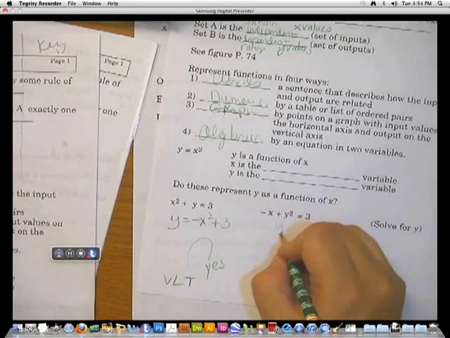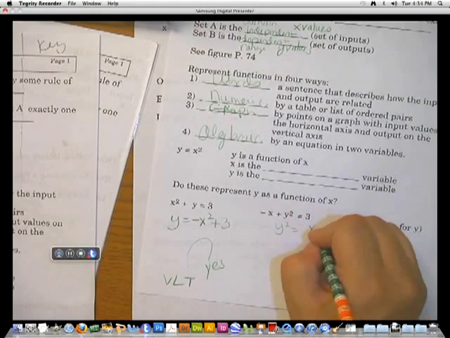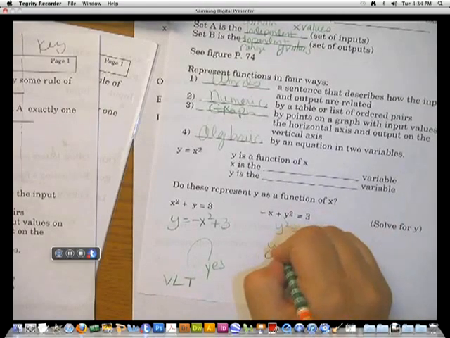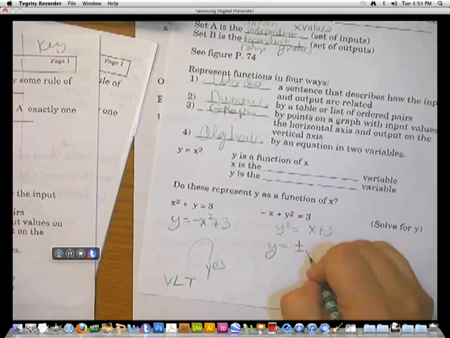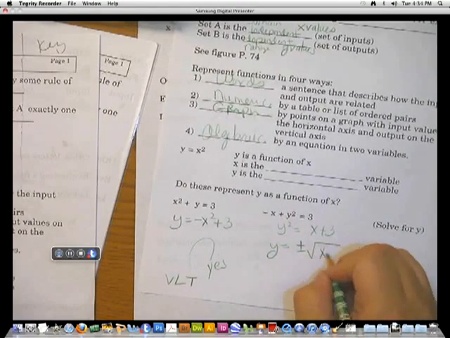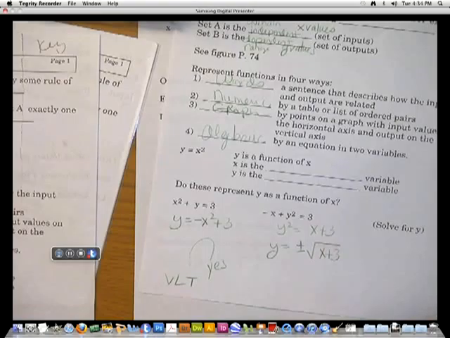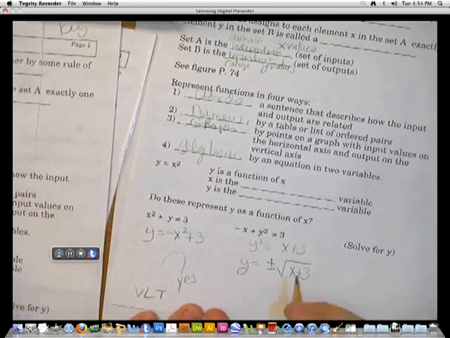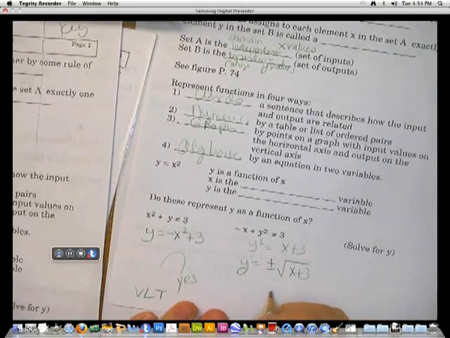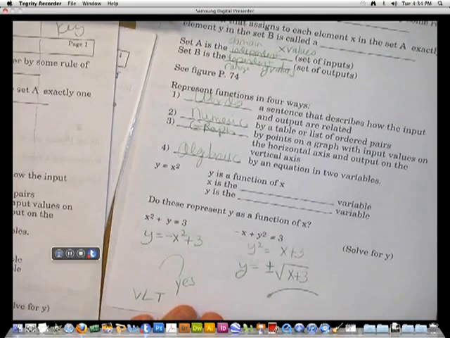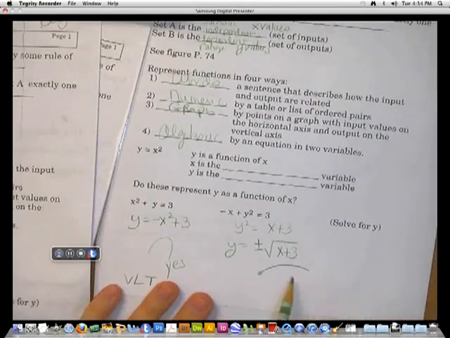On the next one here, we get y squared is x plus 3. So y is the plus or minus square root of x plus 3. When we talk about a square root, we get a kind of shaped picture, and we just know that from a basic sense.